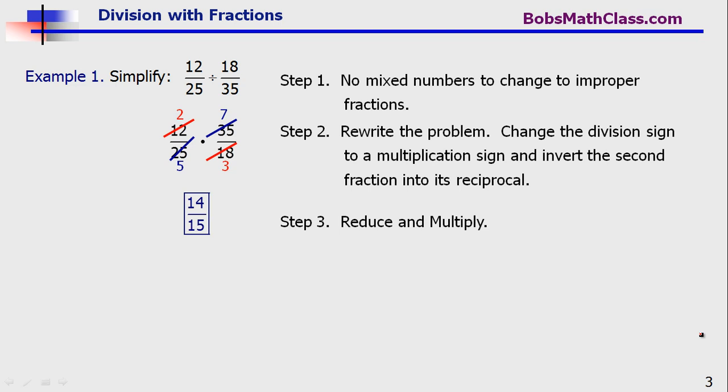We didn't use the prime factorization this time because the numbers weren't that big. Cross-canceling is always much easier. The numbers are pretty small. But if you do have big numbers, then it's a good idea to do the prime factorization so that we don't miss any reducing.